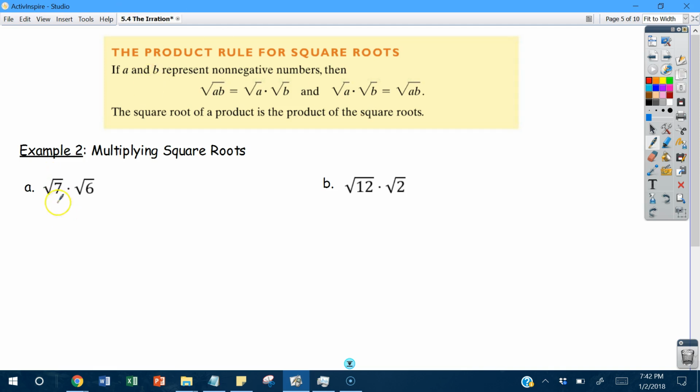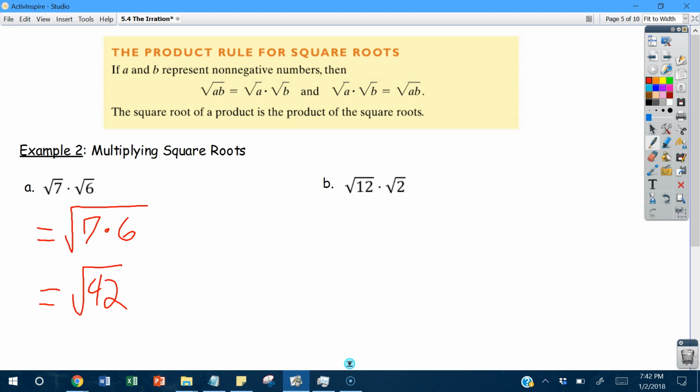You have the square root of 7 times the square root of 6, which according to the product rule, I can write as the square root of 7 times 6. So that's nice. And that is the square root of 42. And that's about as simple as that one can get.